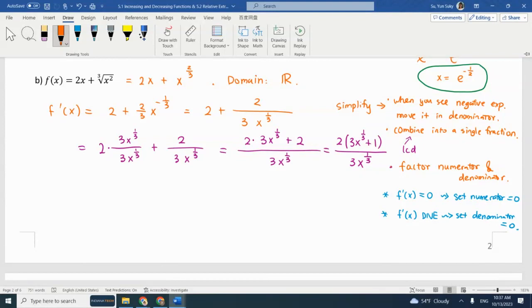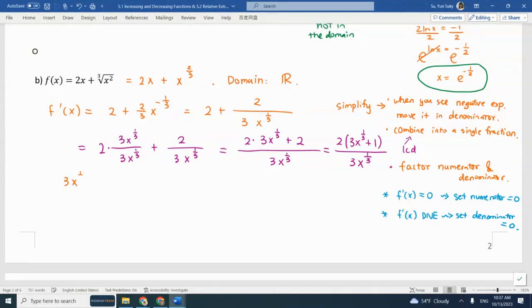And then the factor, we have 3x to the 1/3 plus 1. Set this equal to 0. This is the numerator. It corresponds to the derivative is 0. Okay, everybody? And the denominator, we have 3x to the 1/3. We set this equal to 0.